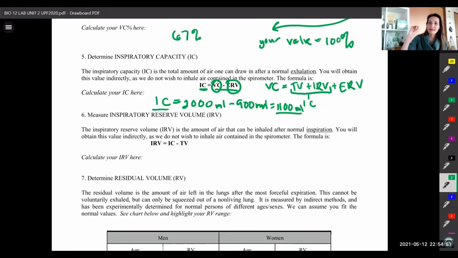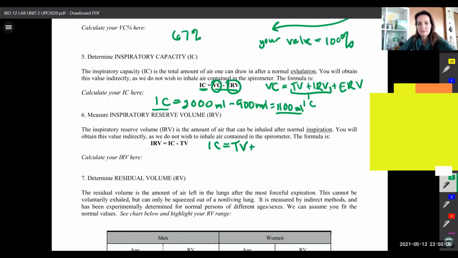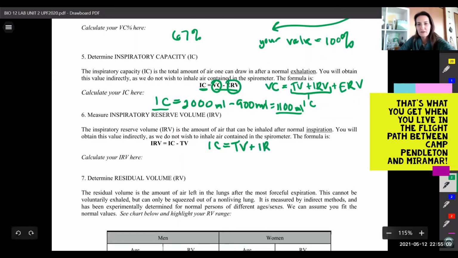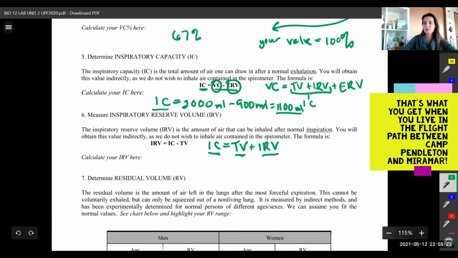And now we can use that inspiratory capacity to help us determine the inspiratory reserve volume. Because the IC, as I showed above here, it's a helicopter going over, sorry about that. You might be able to hear that. The tidal volume plus the inspiratory reserve volume gives us the inspiratory capacity. So we rearrange this now so we solve for IRV, because now we have our tidal volume and we have an inspiratory capacity.